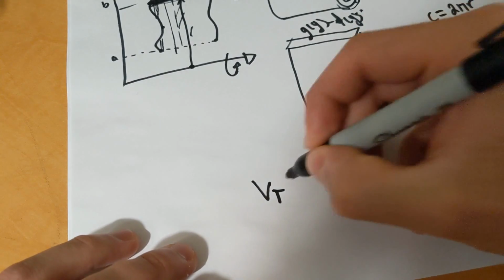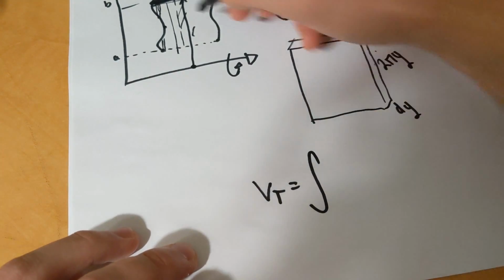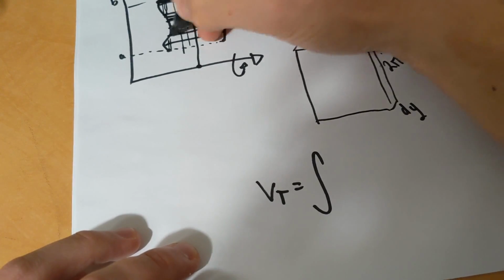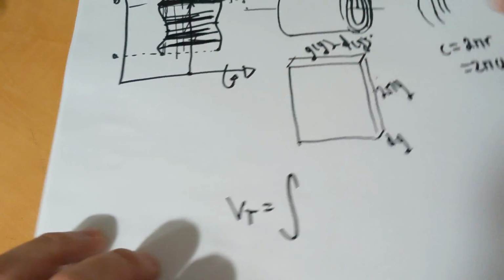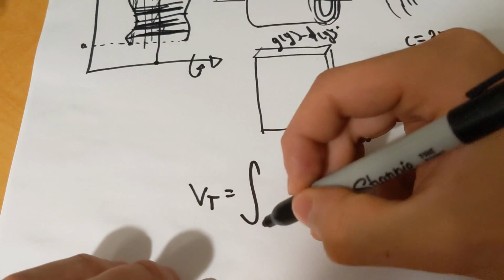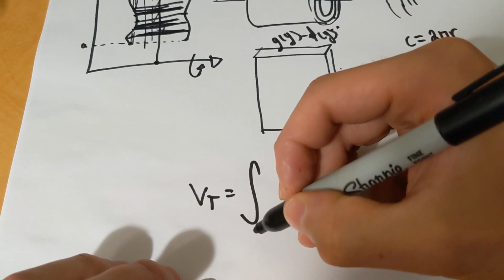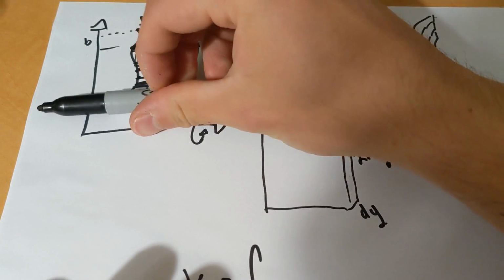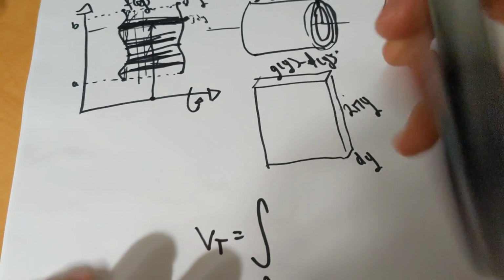You can find the volume of all these shells at every given spot. So like right there, right there. I don't know if that really helps the analogy. I just like scribbling. So we're going from a, bottom, to the top, which is b.